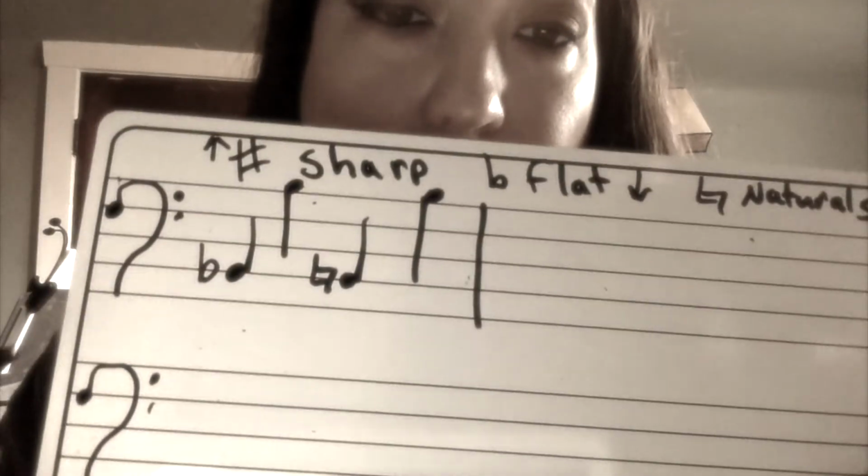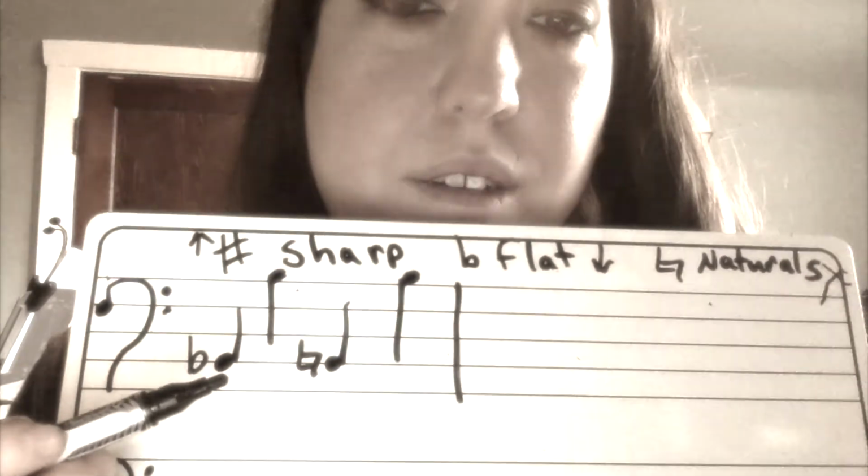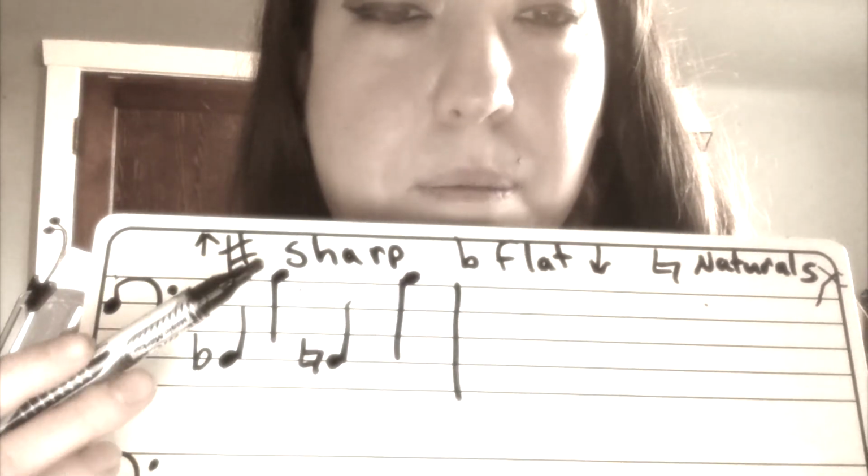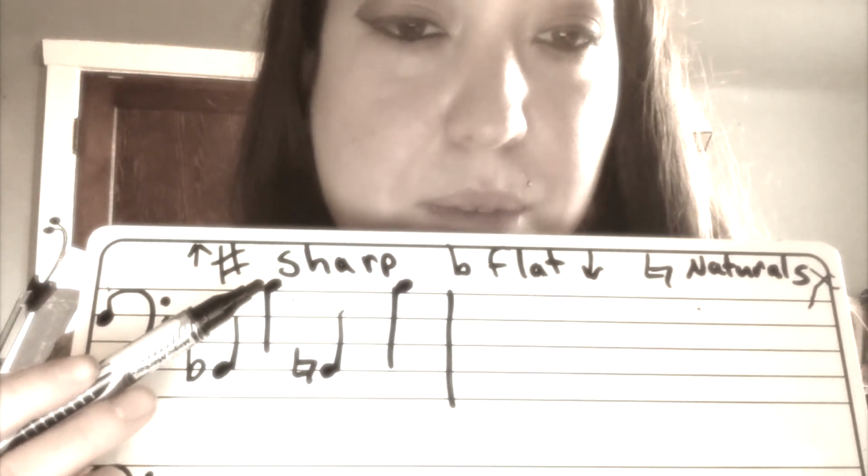And let me give one more example just to remind you guys of this very important fact. All right, we've got grizzly bears, B flat. Now I can remember that this is also B, right?